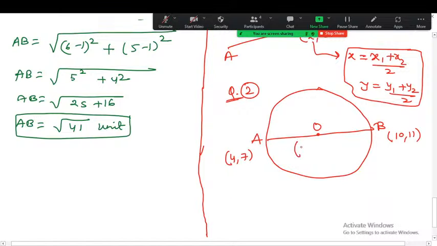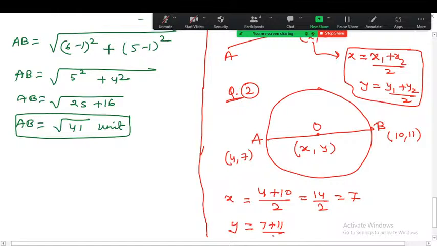Yeah, exactly, you can tell, because the x coordinate and y coordinate can be answered using the midpoint section formula. x1 is 4, x2 is 10, over 2, we have to add 4 and 10, then 7 is coming out to be our x coordinate. Similarly, y coordinate 7 plus 11 over 2, that is 18 over 2, that is coming out to be 9. That means this O has coordinate 7, 9.